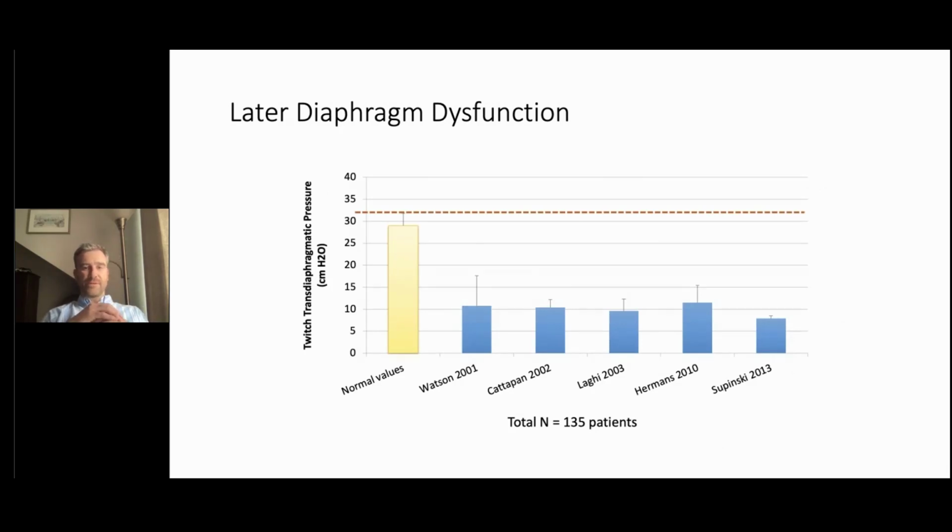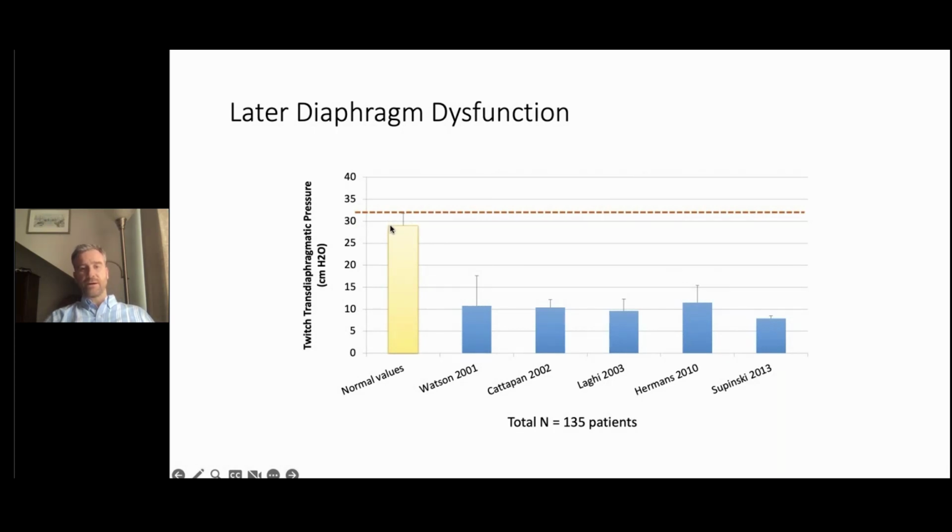Later diaphragm dysfunction is incredibly common. So here are multiple studies looking at twitch transdiaphragmatic pressure in patients who've been mechanically ventilated for at least a few days. And you'll see that the normal twitch transdiaphragmatic pressure is approximately 28 to 30 centimeters of water.